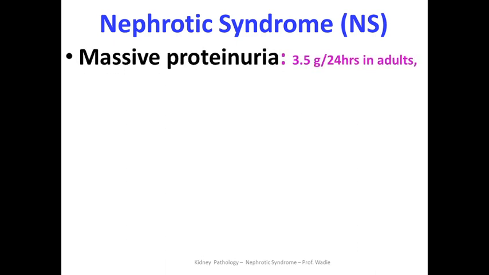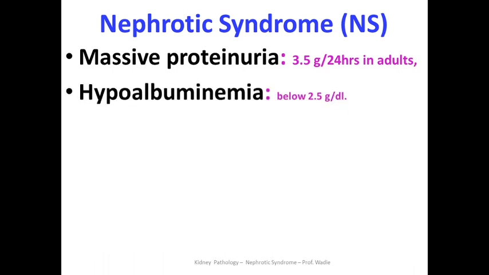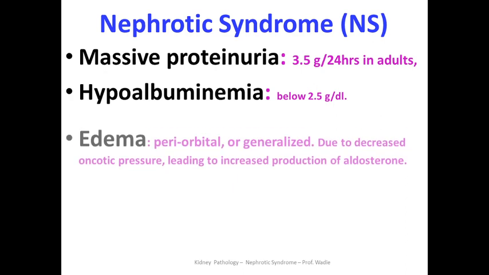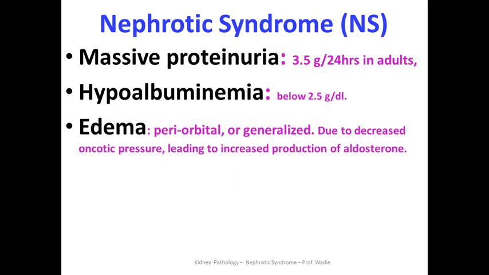So we repeat again, the nephrotic syndrome is massive proteinuria in the range of 3 to 3.5 grams per 24 hours in adults, hypoalbuminemia below 2.5 grams per deciliter of plasma, and as a result there will be edema. It is mainly periorbital edema or can be generalized.